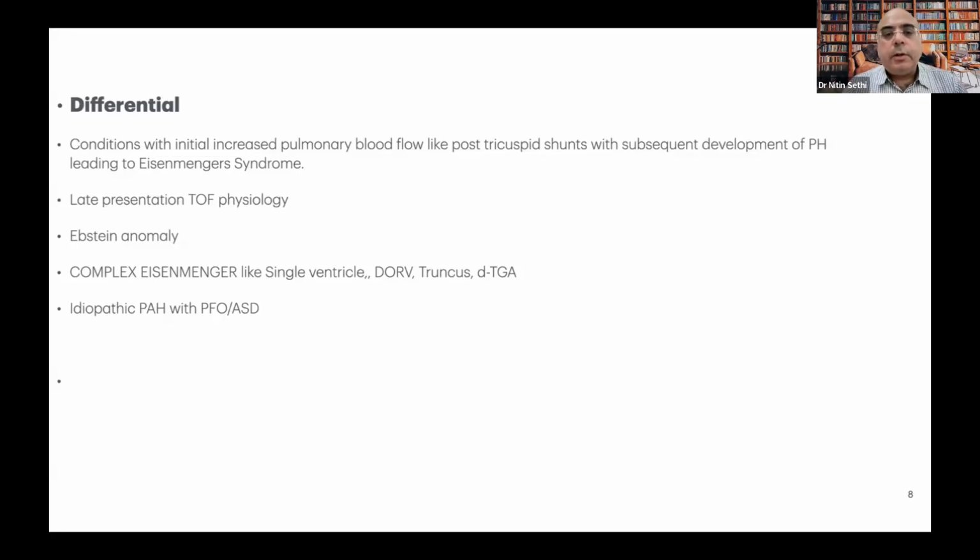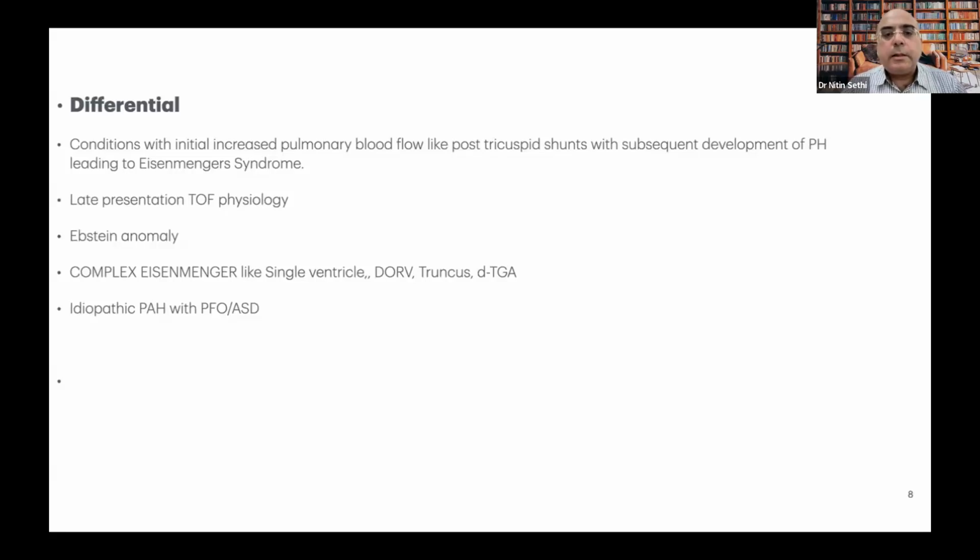So they will initially present as cyanosis with an increased pulmonary blood flow situation, and they will rapidly progress towards Eisenmenger, and usually their survival is much less at this age. So beyond 1 year, the survival would be very low.